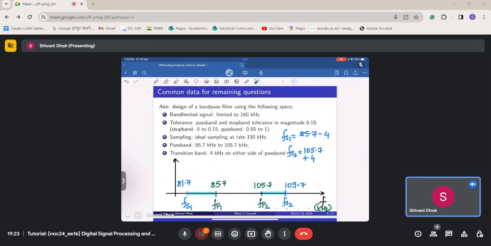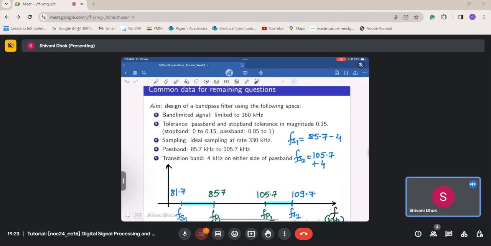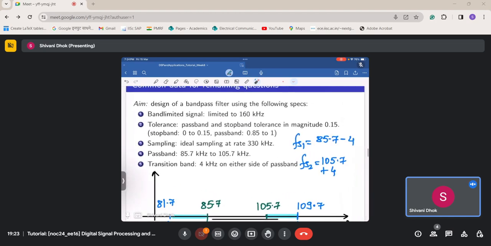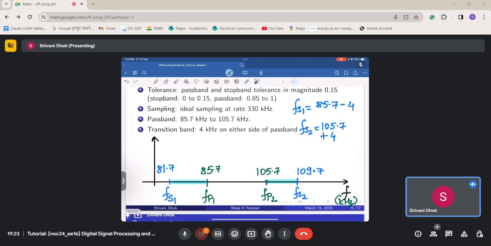This is for Butterworth. We'll have 2 questions for Chebyshev also, but it won't be that rigorous, just to give a glimpse of filter design. So these were the specifications given to us: what kind of signal we have, the tolerance for passband and stopband, and the sampling frequency.